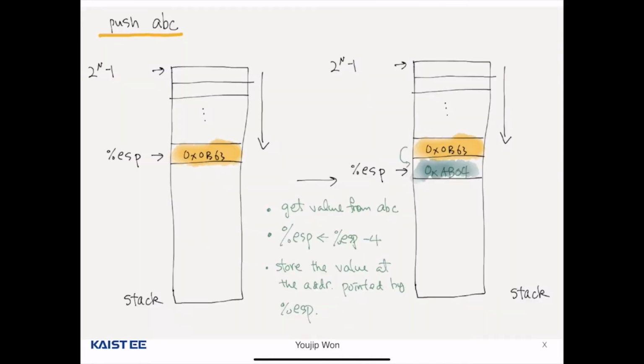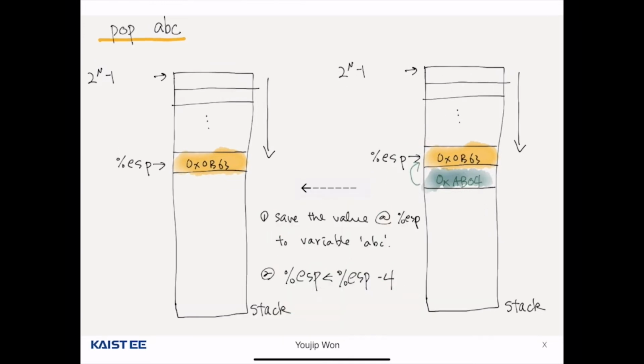Push ABC stores the value at the address pointed by ABC onto the stack top and increases the stack pointer by 4. Increasing the stack pointer by 4 corresponds to decreasing the ESP value by 4 bytes. The next operation is pop ABC.